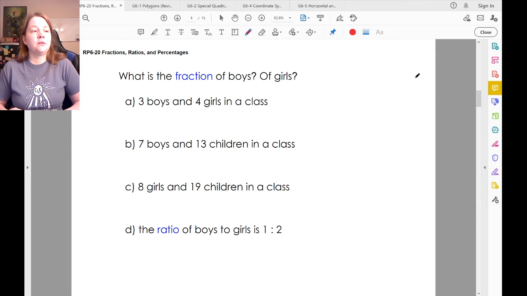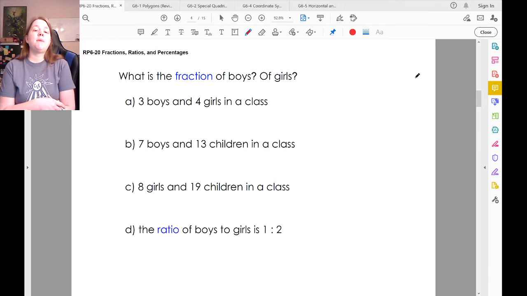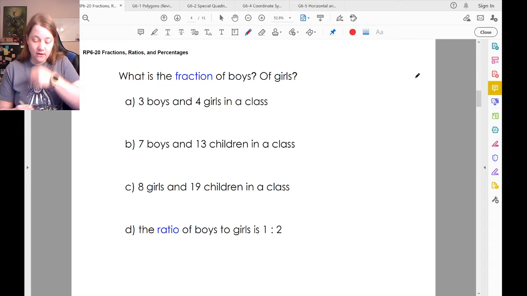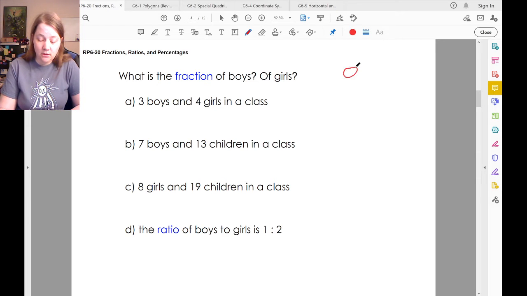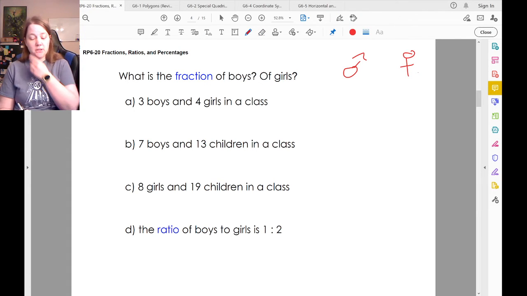Now let's go over here and let's start looking for the fraction of boys and girls. Remember, for the purpose of this math, we're assuming that boys plus girls equals the entire class. So we have 3 boys and 4 girls in a class. I'm going to make a column here for boys and for girls, so that we can have a space for our fractions.